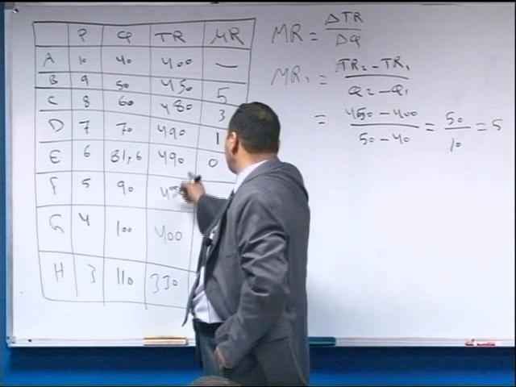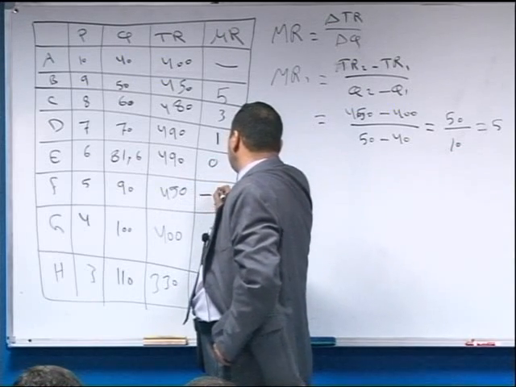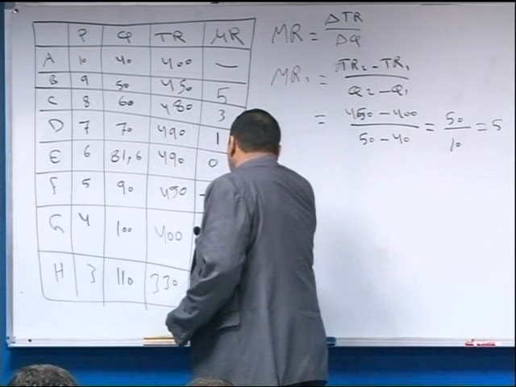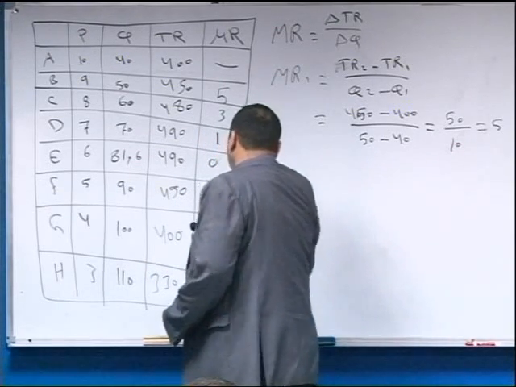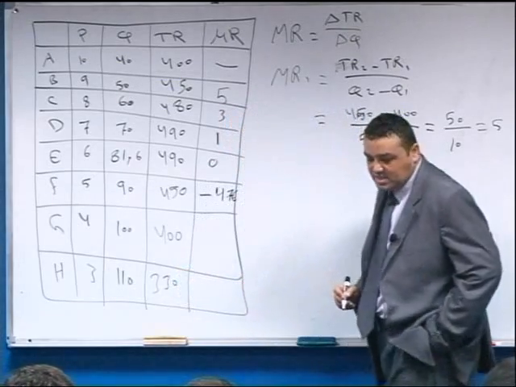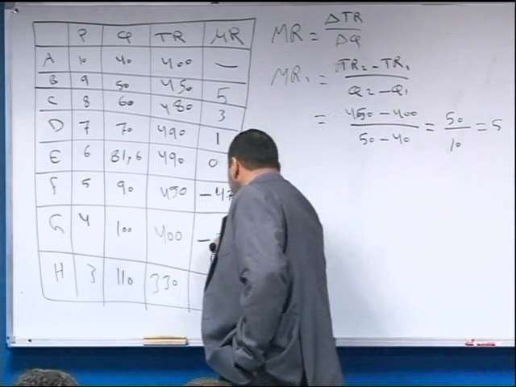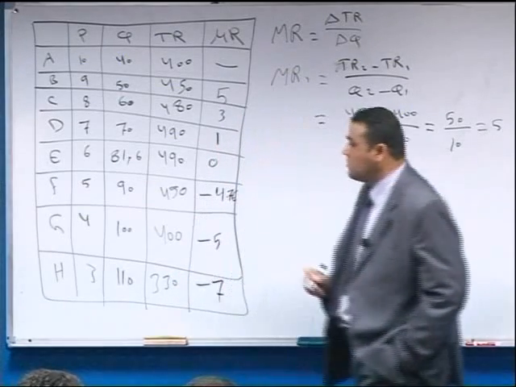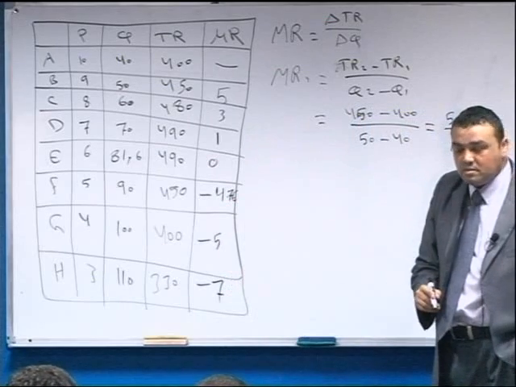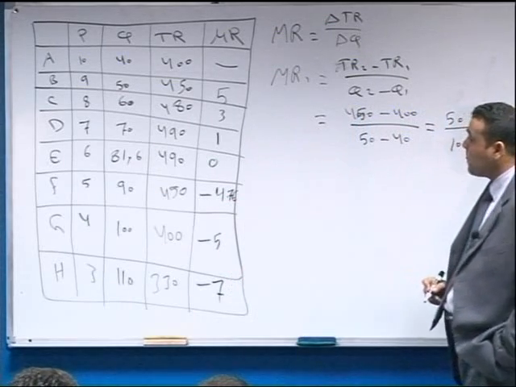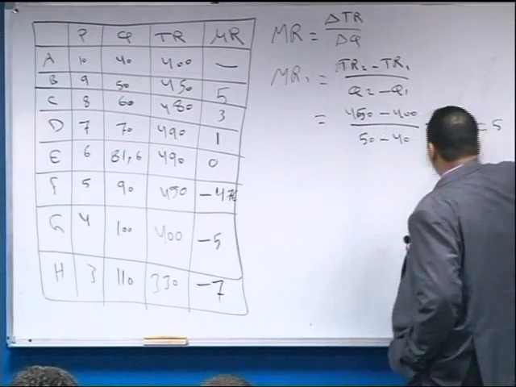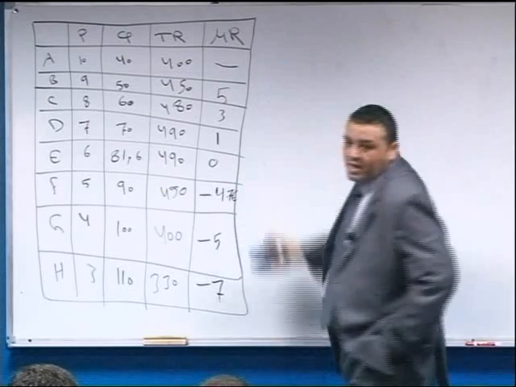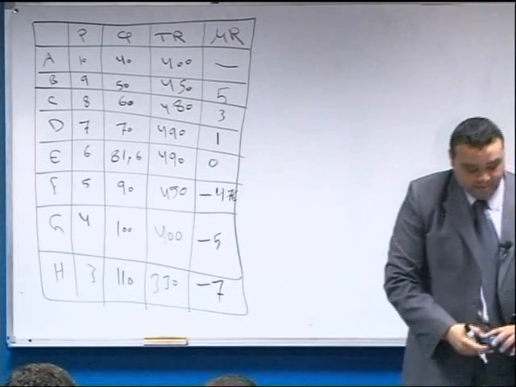And then minus 4.76, and then minus 5, minus 7. Right? Okay.